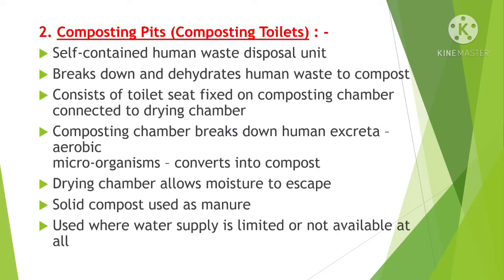Now this solid compost is removed time after time and it is used as the manure. Now the composting toilets are used where the water supply is limited or it is not available at all. So it is used at the places where there is very less water supply or there is no water supply.